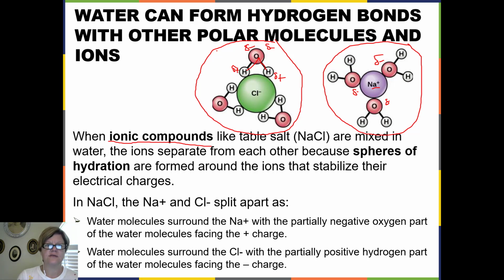So when something is dissolved in water, it means that it's broken apart, and each part of it is surrounded by a sphere of hydration, or a hydration shell. And that allows the item to be mixed into the water uniformly.